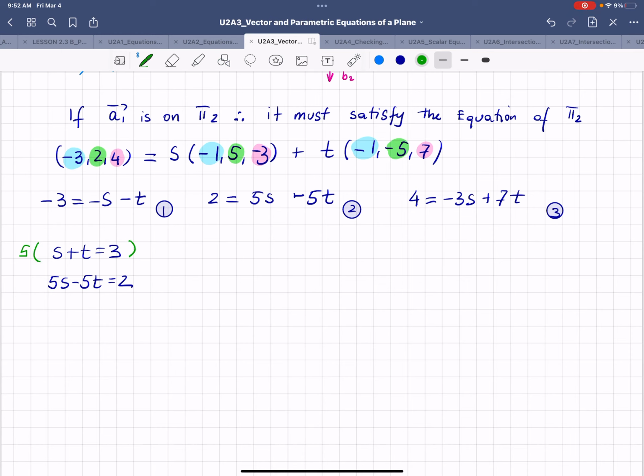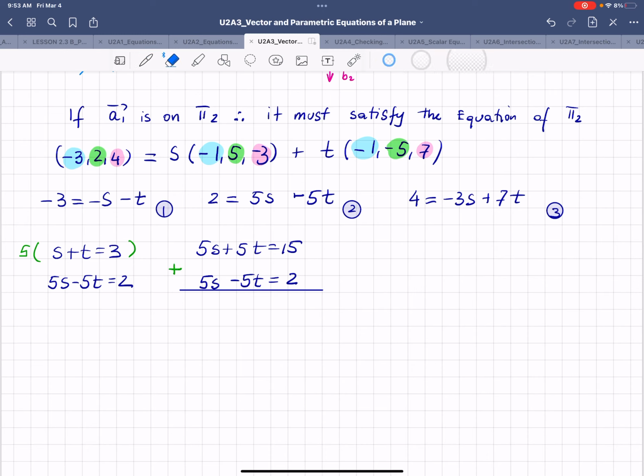So this will give 5T plus 5S equals 15, and below it we have 5S minus 5T equals 2. In order to eliminate the variable T, I can just add. If I want to eliminate variable S, I can subtract. I choose addition.